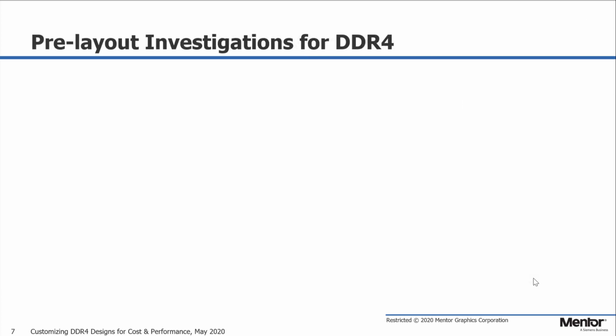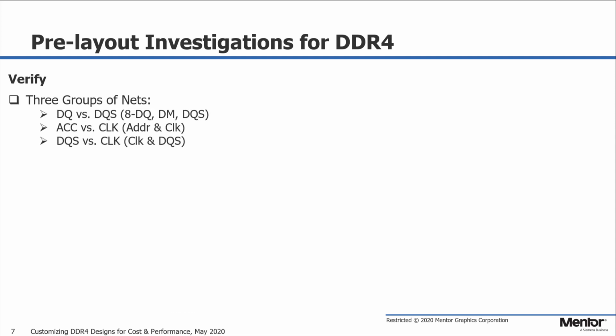In the pre-layout analysis of a DDR4 interface, you will want to verify that the data bus has maximum margins running at the intended data rate. In this case, the most you want to set up is 1 byte lane in the pre-layout schematic.